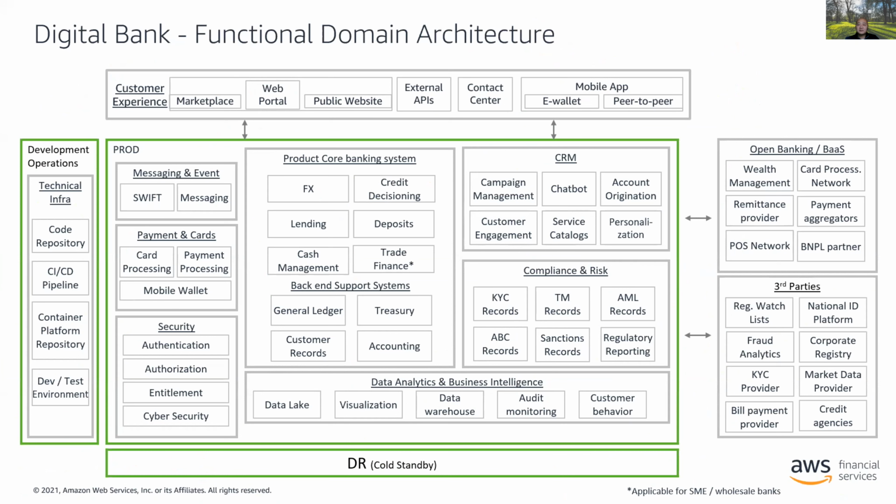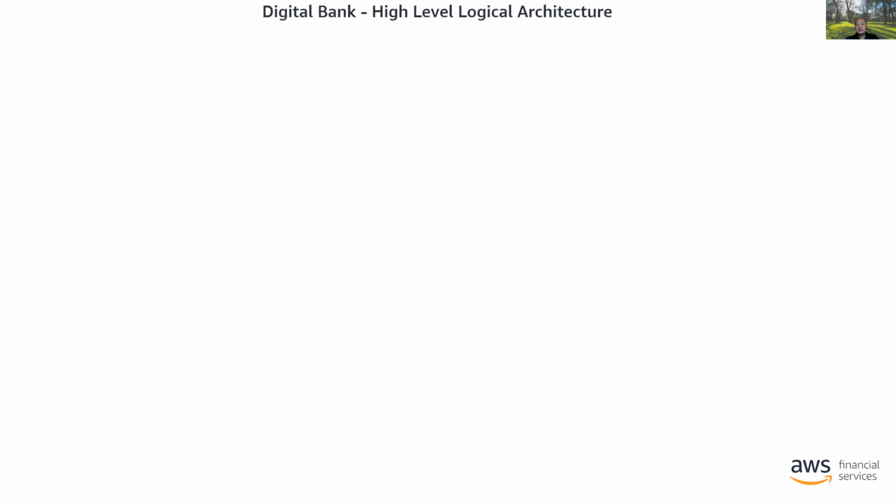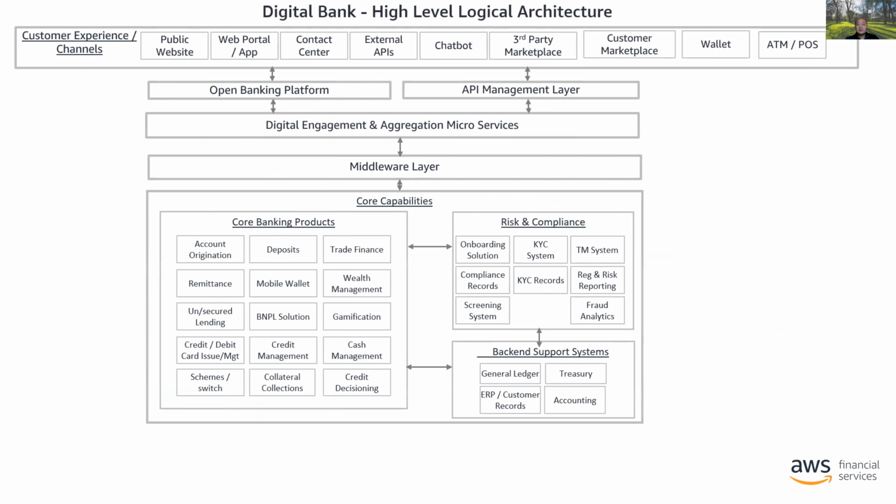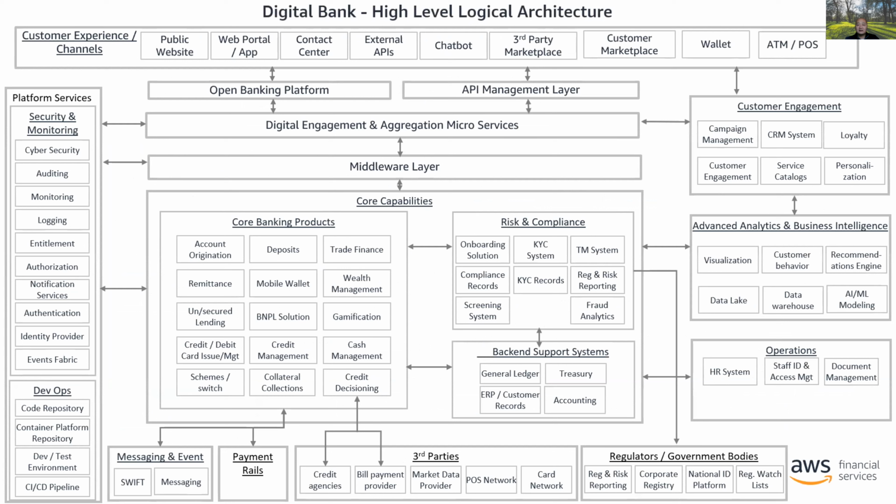Then based on these business capabilities, we provide a logical architecture diagram showing how you can use AWS services or our partners' technology to implement those capabilities that map to your business requirements.